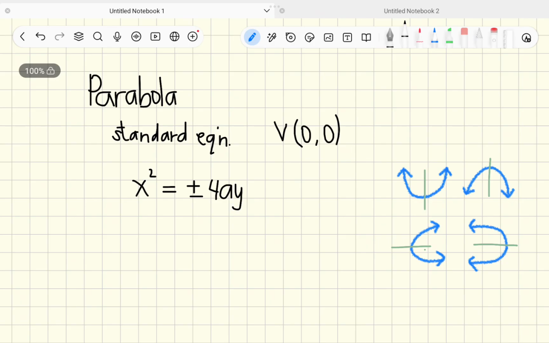Now 4a here refers to the length of the latus rectum.